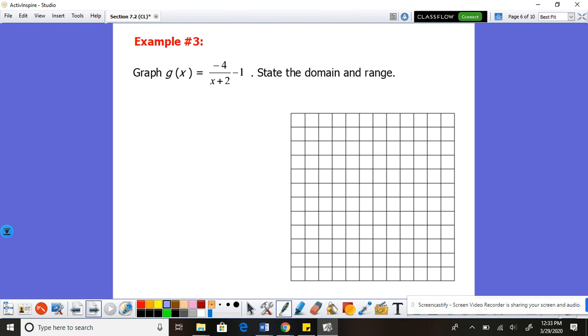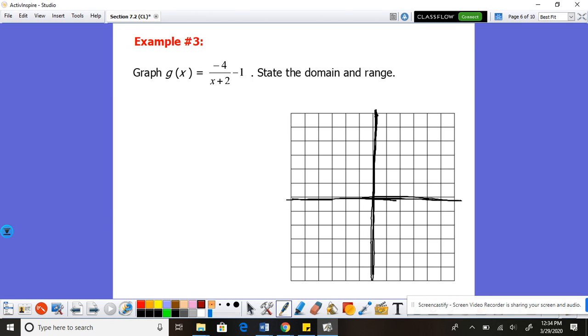So we want to graph -4 over x plus 2 minus 1. The first thing I'm going to do, guys, is I'm going to put what the normal axis should be. Let's make it here. This is my normal axis. Okay. Now, if I take this normal axis, the first thing I want to do is I want to draw my asymptotes.